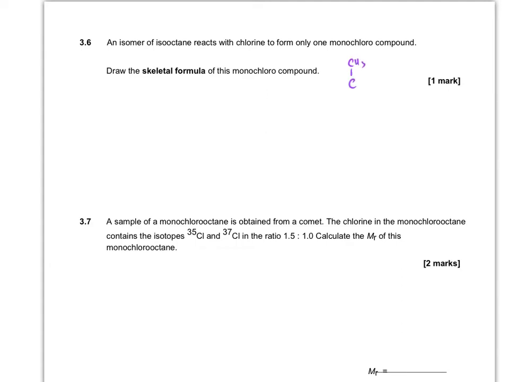If we have this arrangement to start with, then the chlorine could add onto any of these, but it would always be exactly the same. So we now need to draw the skeletal formula of this monochloro compound.